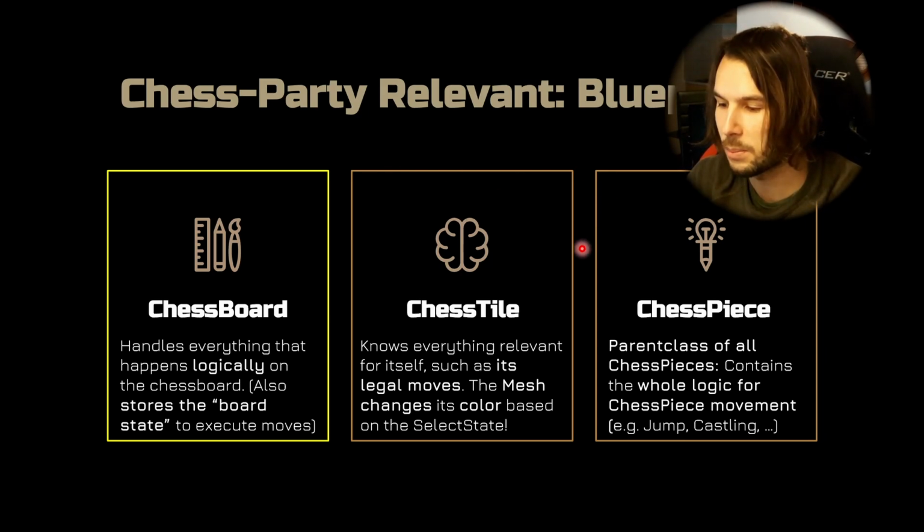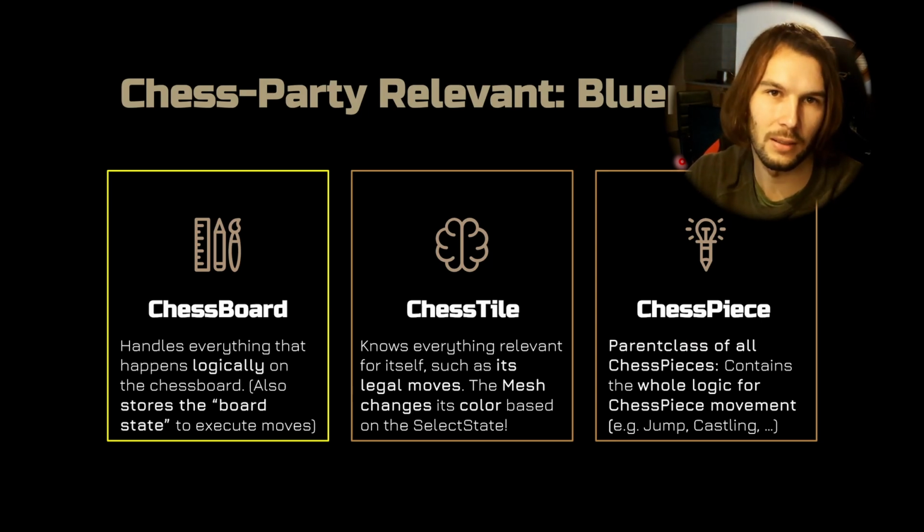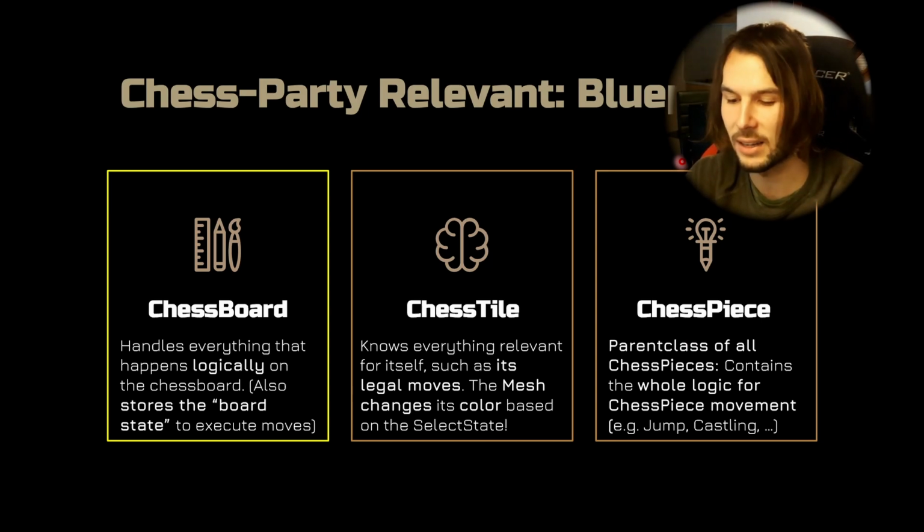And then we have the chess piece, which is in this case a parent class of all chess pieces, and it contains the whole logic for the chess piece movement. So it knows how to jump, it knows how to castle, it knows how to move or attack something. That's it. So those are our relevant blueprints in there.